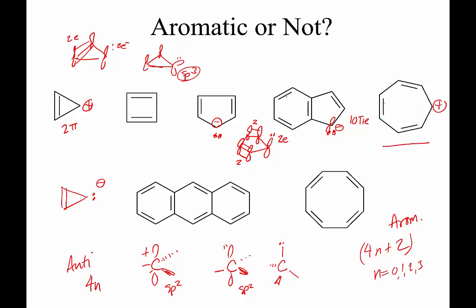I'm sure there's probably a really bizarre example out there, although not that many, where you could have a non-sp2 hybridized carbocation. But I think that's not the case. But sp3, like I said, sp3 can choose. If it's a negative charge or if it's got lone pairs, it can choose.